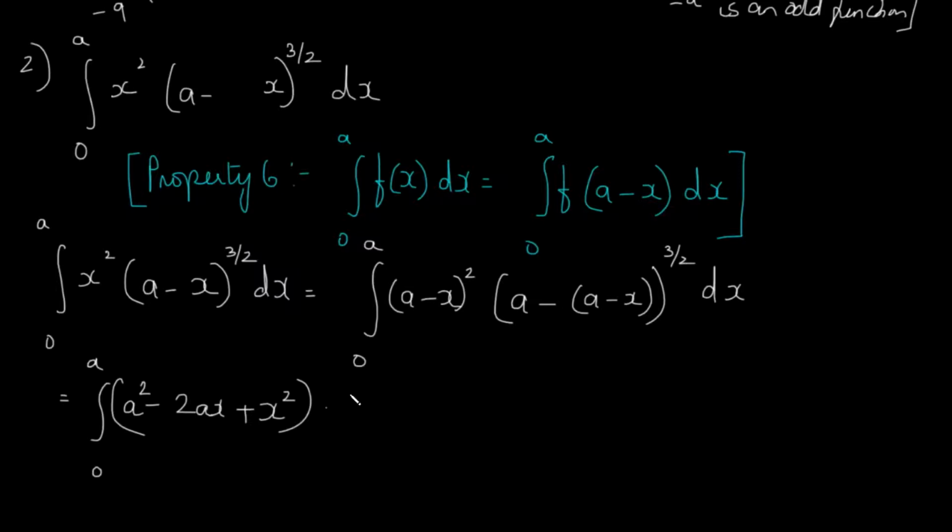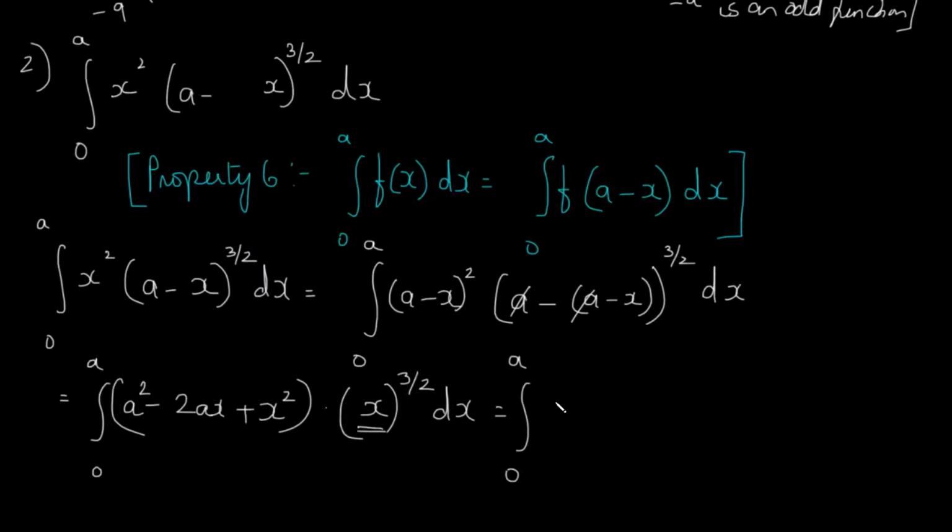And what about the second term? In the second term, as you can see, the two a's go away and minus of minus x is x. So it is x raised to 3 by 2 dx. Now it becomes simpler because when we open the bracket, we multiply each term with x raised to 3 by 2.